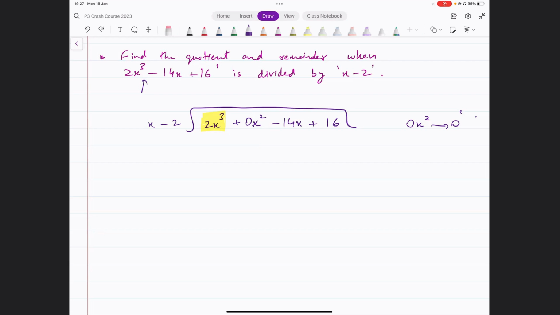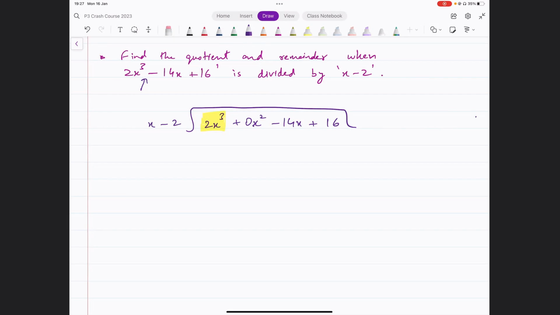If there is any term missing in the polynomial, like in this case, you have the x squared term missing, you write 0 into that term, that power of x in place of that. All right, so that you have the like terms in the same vertical line, and that will save you from a lot of confusion. All right, it works the same way for the divisor as well.